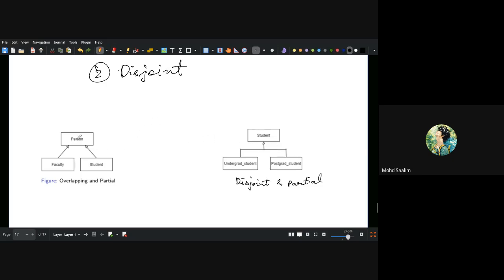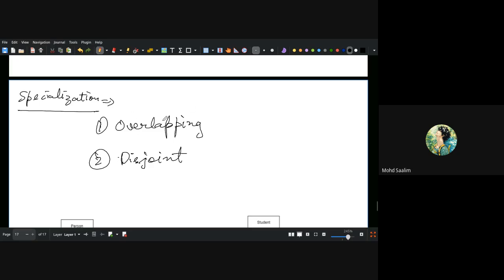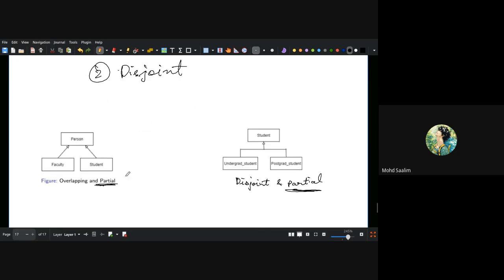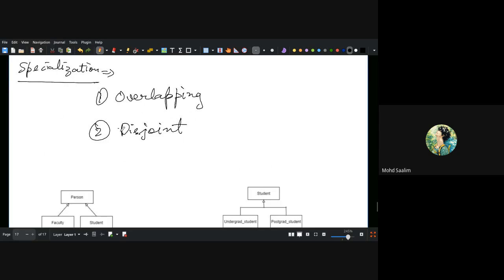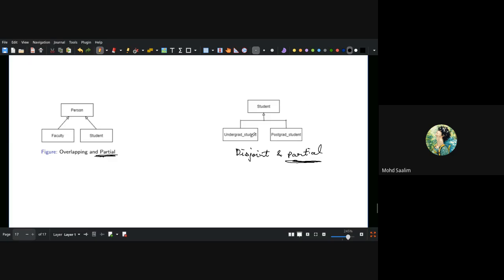But both of them are partial. I didn't discuss this partial thing. What is the meaning of partial? I talked about overlapping, this type of specialization, and I talked about disjoint, this type of specialization, but both of them are partial. What do I mean by partial? It means a person is much more than faculty and student.